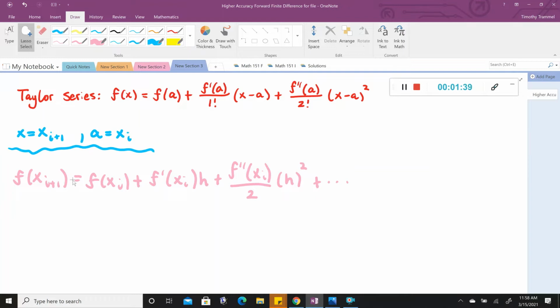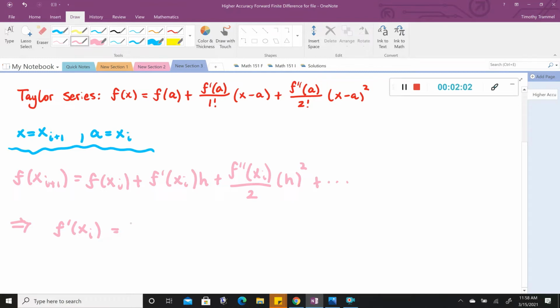But what this means is this is going to be a little bit less work than the last one. Okay. Well, let's go ahead and solve this one for f prime of x sub i. So this should look like f prime of x sub i is equal to, and so we're going to subtract a lot of this stuff over.